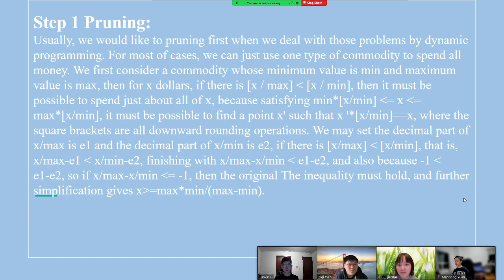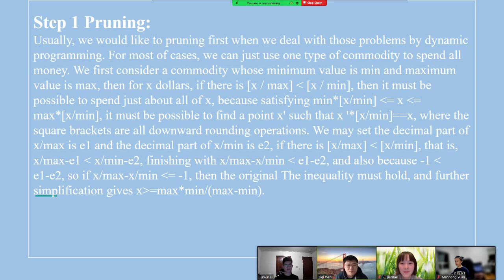Usually we would like to do pruning first when we deal with these problems by dynamic programming. For most of the cases, we can just use one type of commodity to spend all the money. We can first consider a commodity whose minimum value is min and maximum value is max.